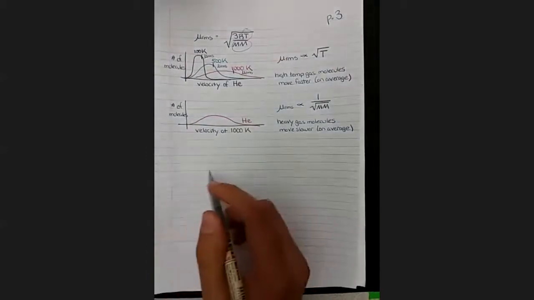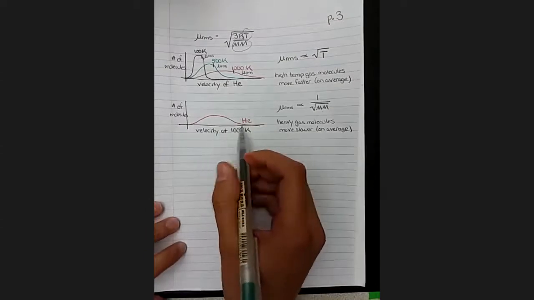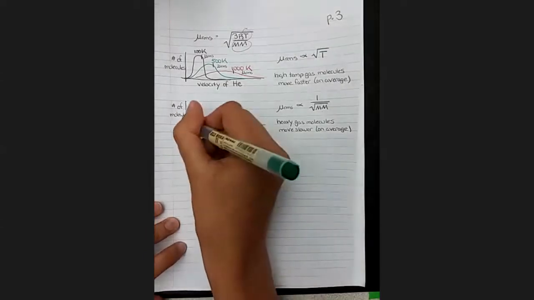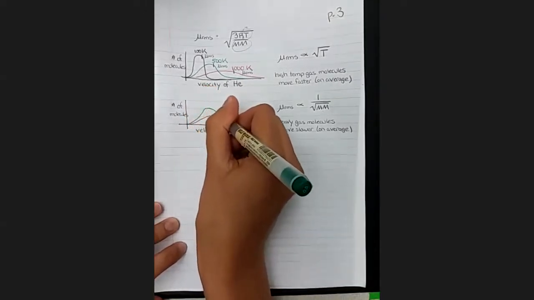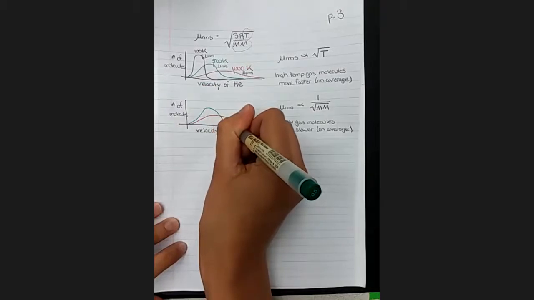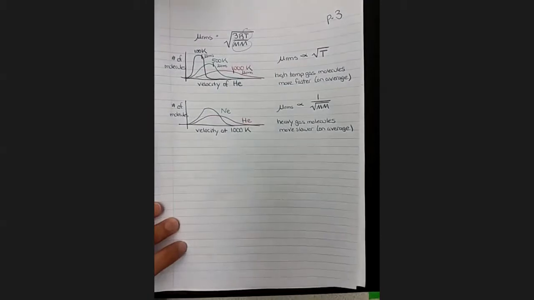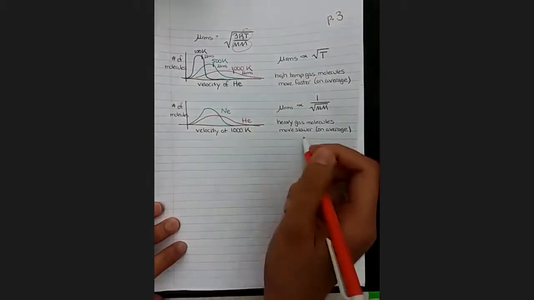If we pick something slightly heavier, like neon, neon is going to be moving on average slightly slower than helium. So it'll be a little bit taller, it'll peak a little bit earlier, and it'll be a little bit shorter. So that could be for neon. And if we were to pick something really heavy, like argon gas, it's like a herd of elephants.